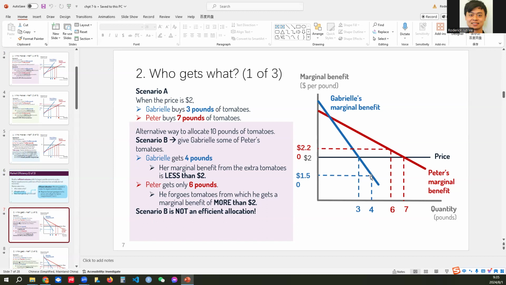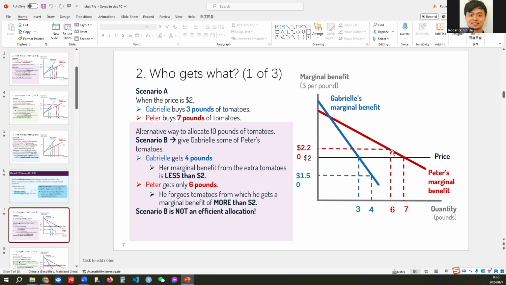I have too much of this good. I don't have such a strong need of it. Therefore, my willingness to pay for this good is lower because I've already had enough. But the market still demands me to pay $2. So from 3 to 4, I'm spending $2 to buy something that I value less than $2. If I'm rational, that shouldn't have happened. So that's the first one.